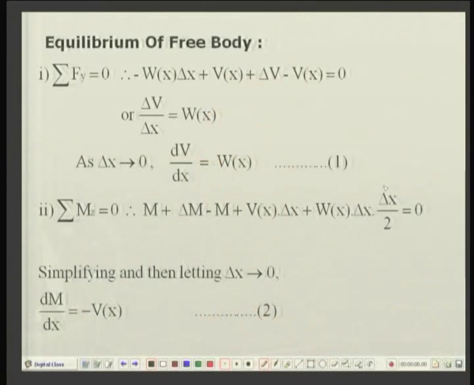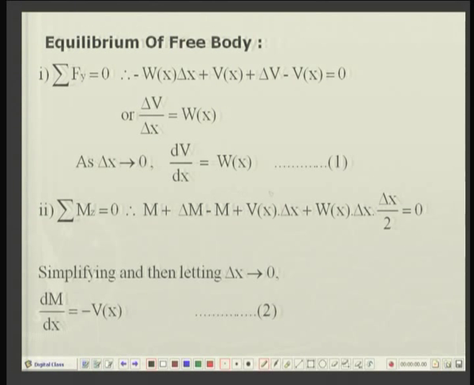So, you will have M plus delta M minus M. Then this is the moment due to the shear force Vx into delta x, and this is the moment due to the applied load Wx. So, these 4 terms, when simplified, M and M will cancel out.